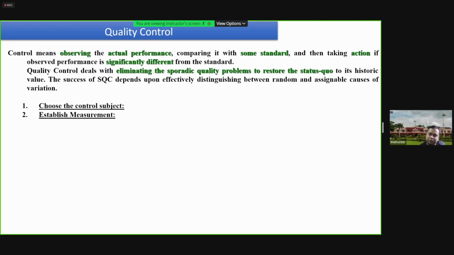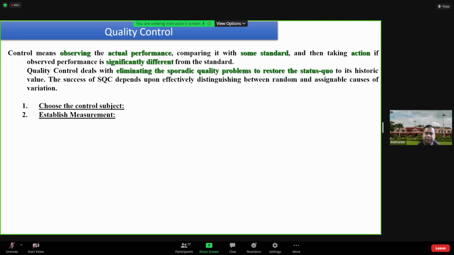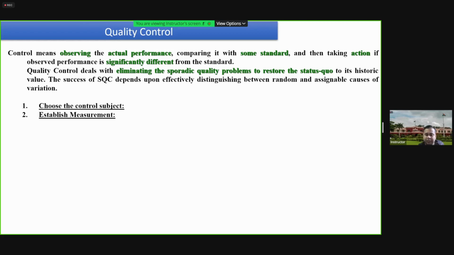How are we going to measure the data, because we are collecting the data, and we need to measure it also. The procedure might include details on the equipment to be used for the measurement, what the sample size should be, what the frequency of collecting the samples should be, and whether the measuring equipment we are using is properly calibrated, and whether the staff is properly trained. So that is the second step in quality control, that we establish measurement.